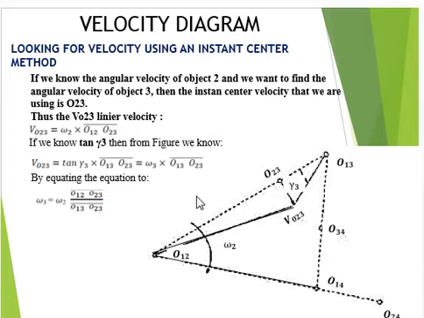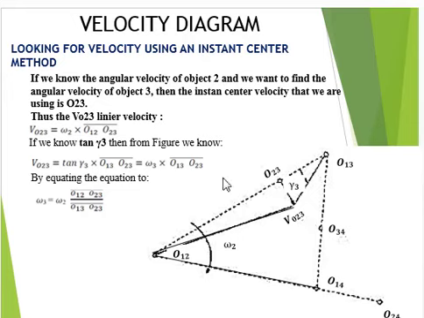So the velocity of O23, VO23, we can express in this equation: VO23 is equal to the angular velocity of object 2, omega 2, multiplied by the radius from O12 to O23. This is the radius for velocity VO23.